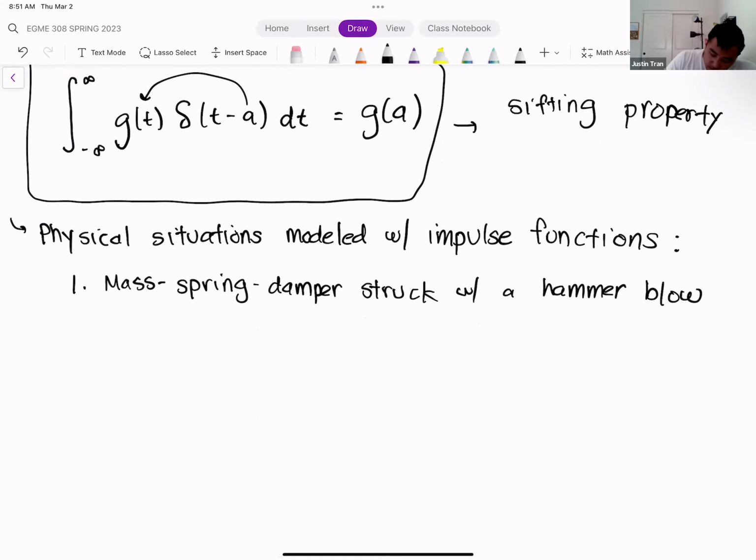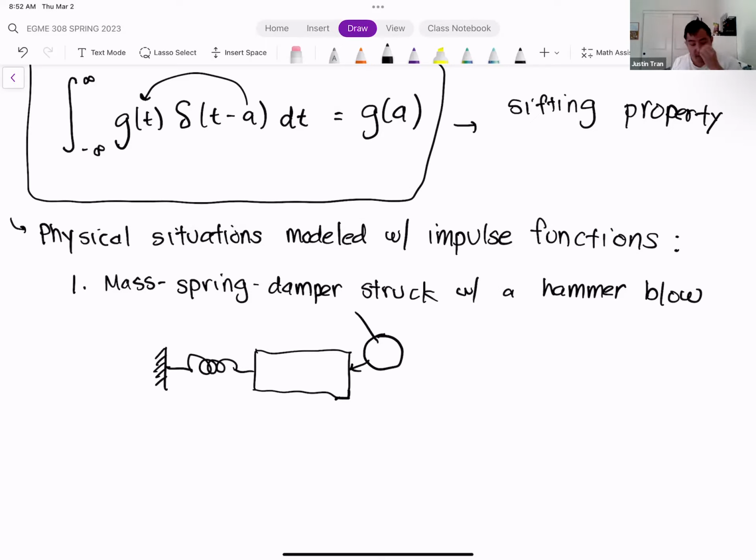If we draw a mass spring, you have a mass that's attached to a spring. A hammer blow is literally you take a hammer or some kind of blunt object and you strike the mass.